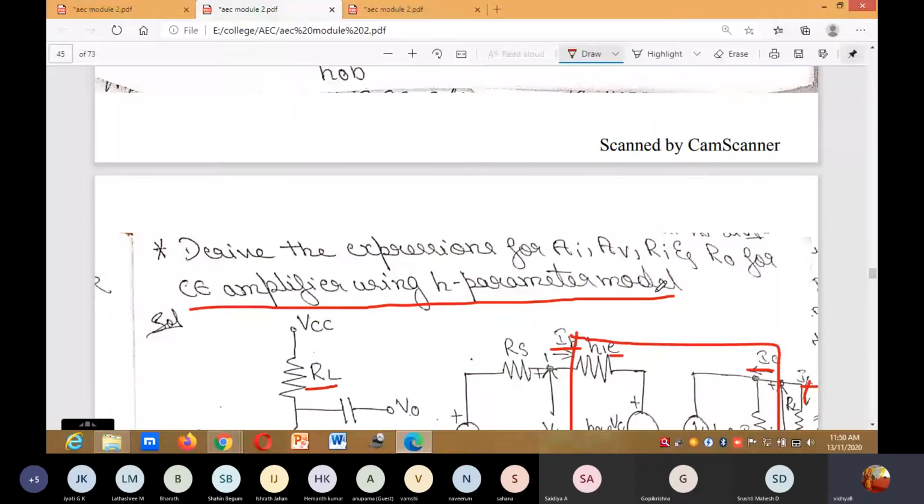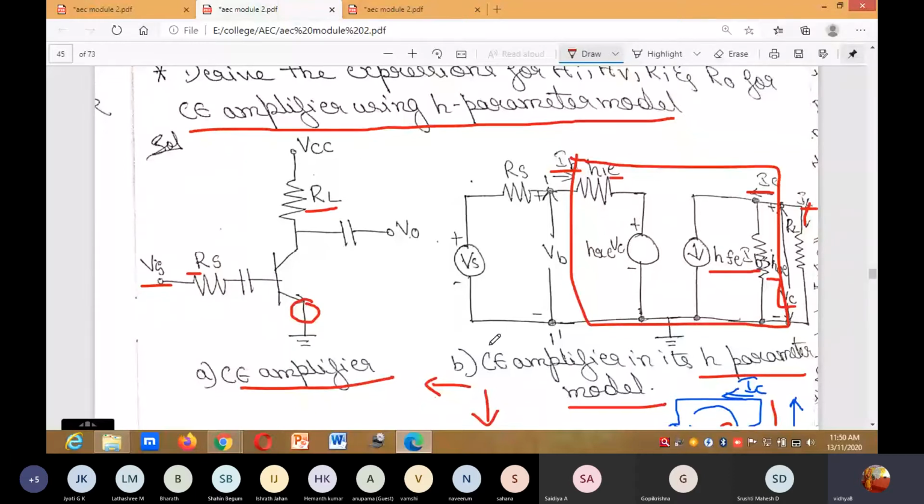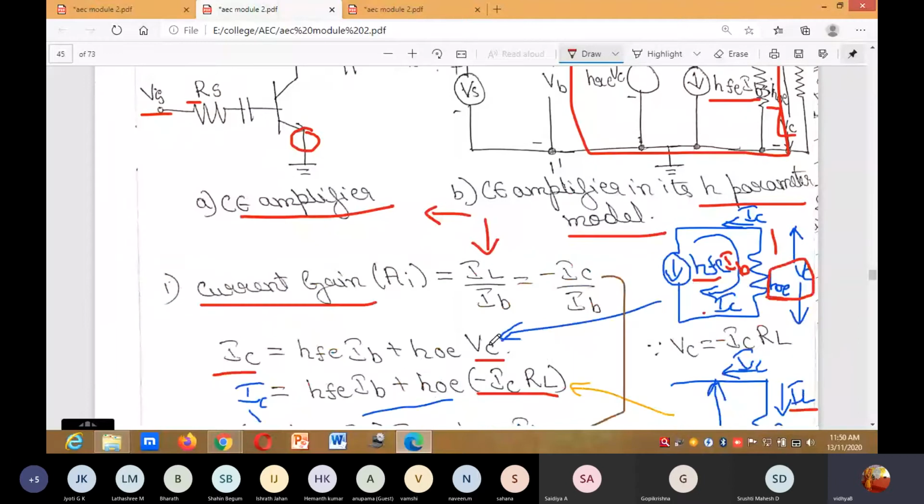First, what is the step? You need to draw the circuit for the CE amplifier with the H parameter model. First, current gain. Current gain is nothing but output current divided by input current, which I have replaced because it is in the opposite direction.